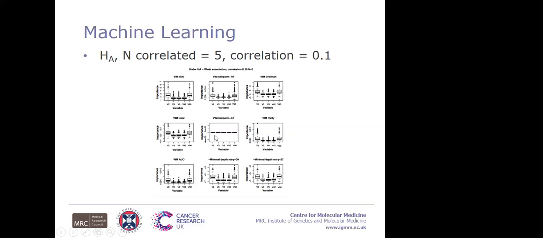And so what we found, when you set up this variable importance measure to run, you have to give it a correlation cutoff value to create the strata. And because our correlation is low at 0.1, we set the cutoff to be 0.05. And what ends up happening is that you get some spurious correlation between the ones that are not supposed to be correlated that can be at 0.05.